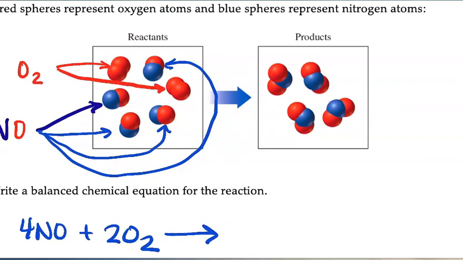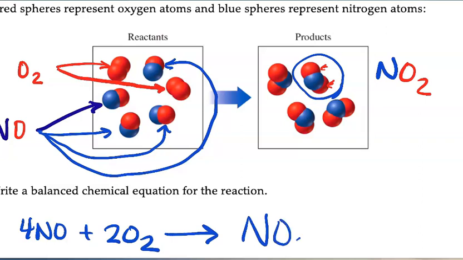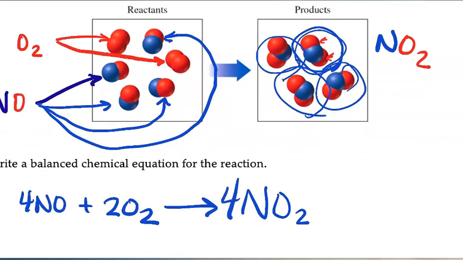Now in our product, all of our substances, all 4 are the same. I have 1 blue atom, which is nitrogen, and then I have 2 red atoms, which are oxygen. So it's going to yield NO2, and we count them. We have 1, 2, 3, 4. Okay.